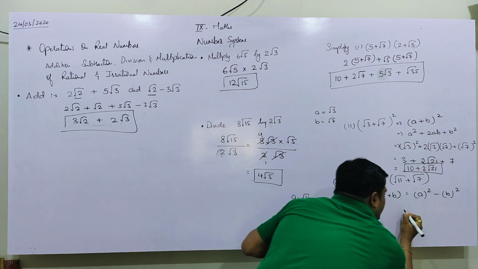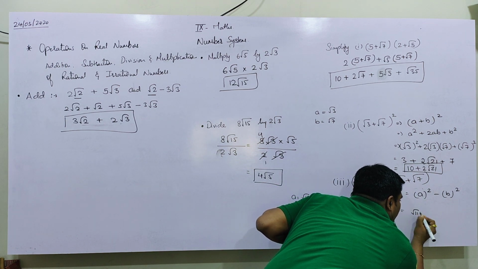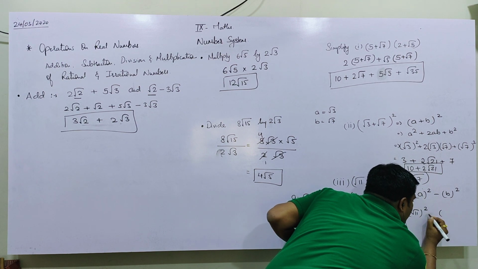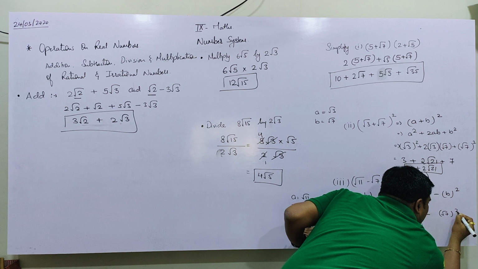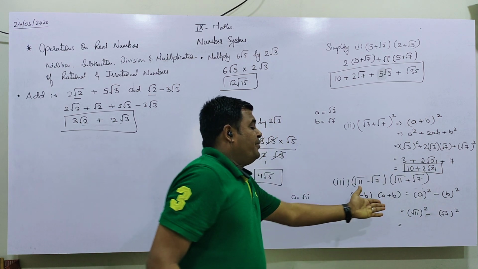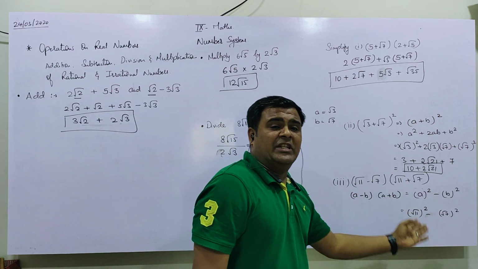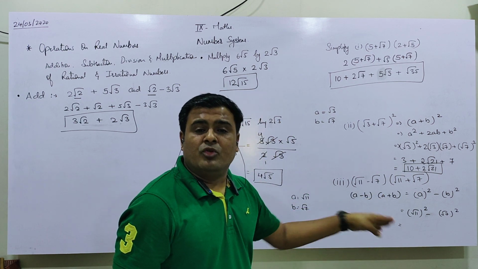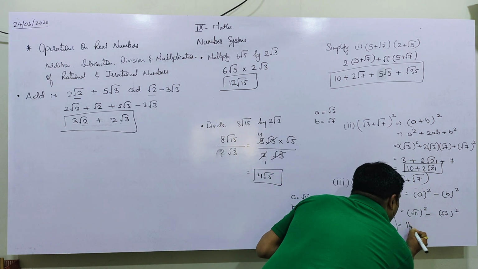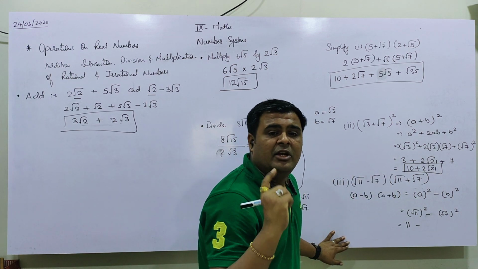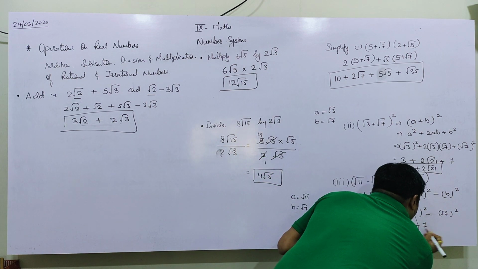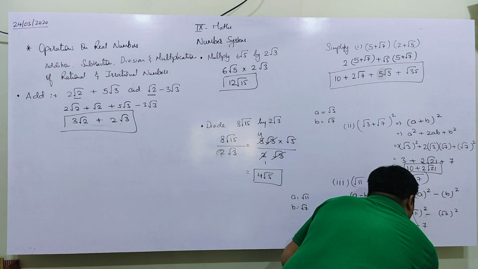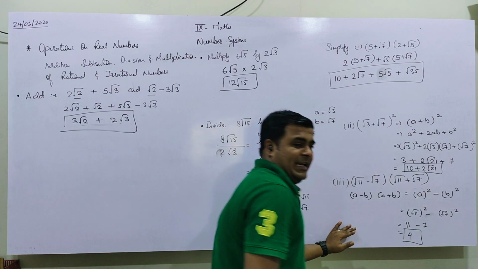So let us put it into the identity. Root 11 whole square minus root 7 the whole square. As I mentioned earlier, squaring of any root will become the whole number. Root 11 into root 11 will become 11, and root 7 into root 7 will become 7. So 11 minus 7 will get 4, and this is our final answer.